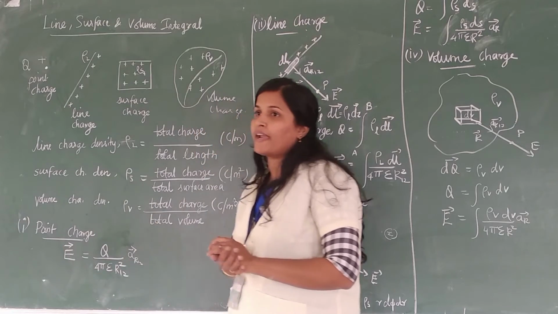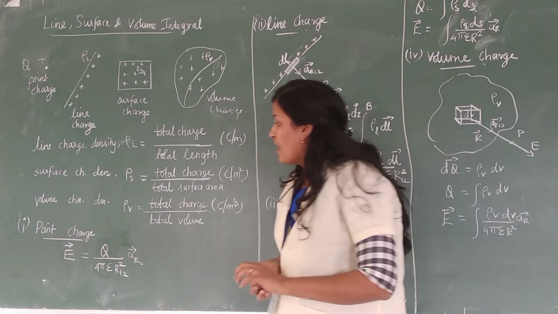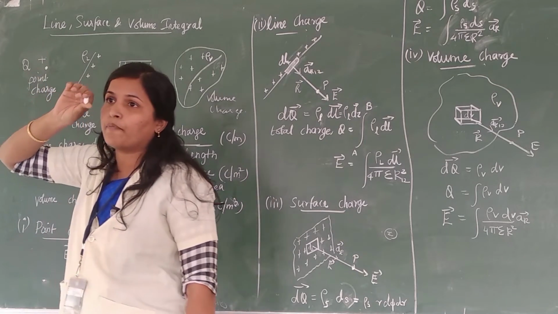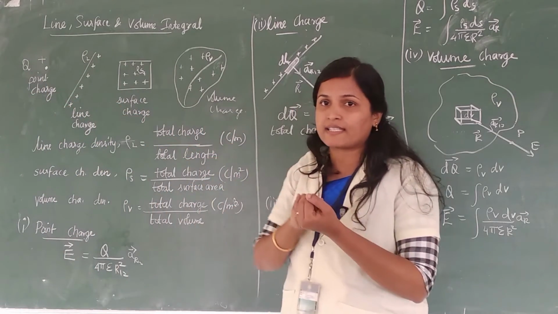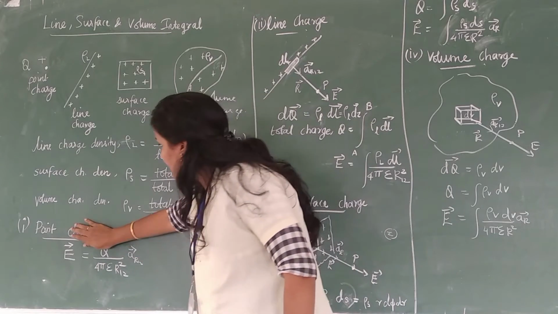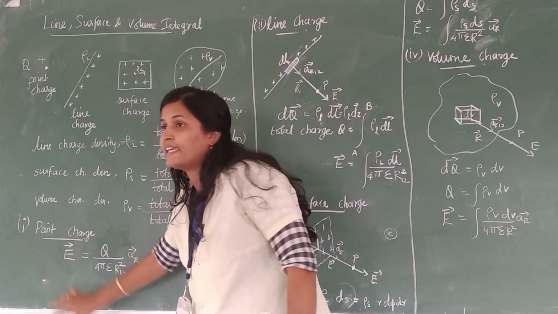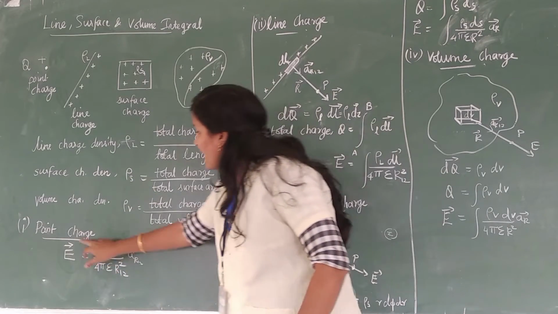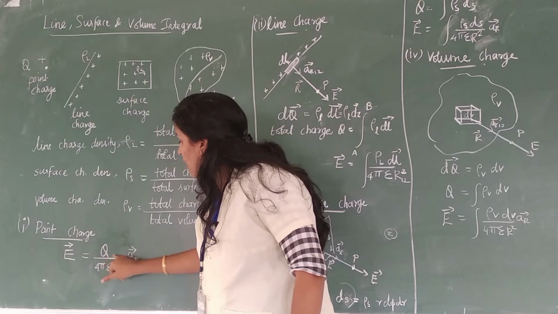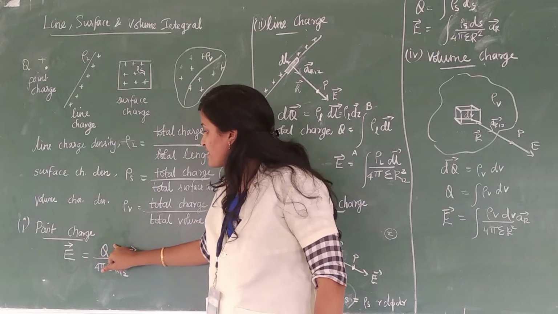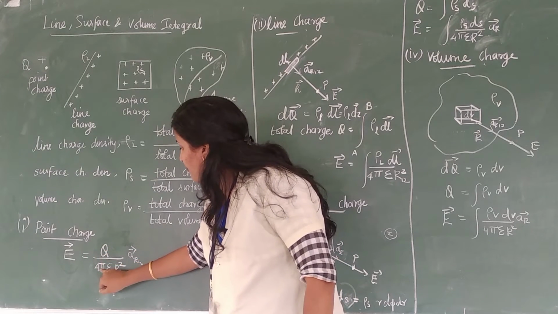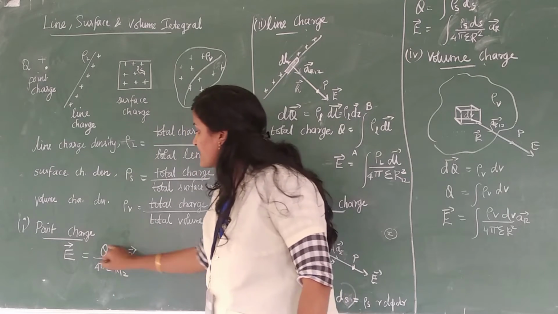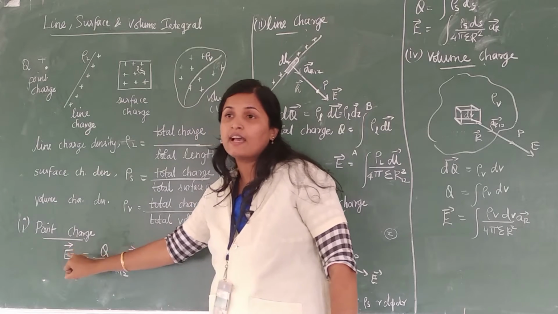First is the point charge. In a particular point the charges are accumulated. For that point charge, what is E? E is the electric field intensity. The electric field intensity with respect to the charge is Q divided by 4 pi epsilon r square, into the unit vector a_r in that direction, since electric field intensity is a vector.